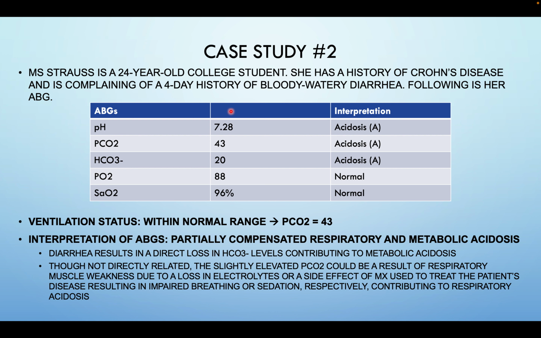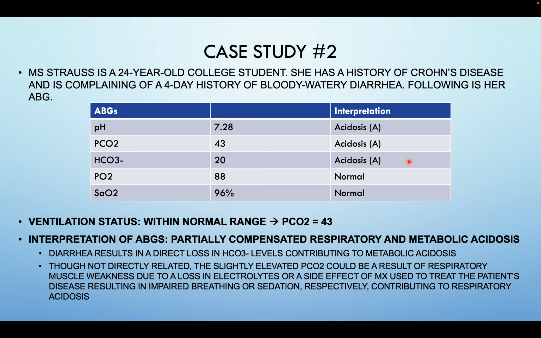Step 2 is seeing which system is responsible for the acidosis. Looking at PCO2 and bicarbonate, both values are acidic, which means this is a respiratory and a metabolic issue. Step 3 is seeing if there is a compensation present, which there is because there is no normal value of PCO2 or bicarbonate.